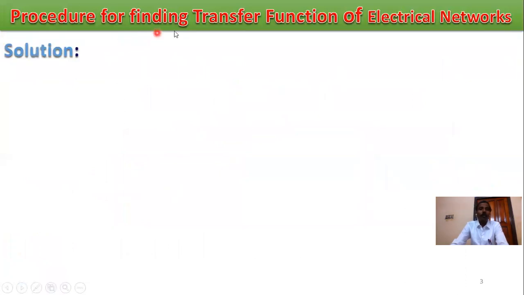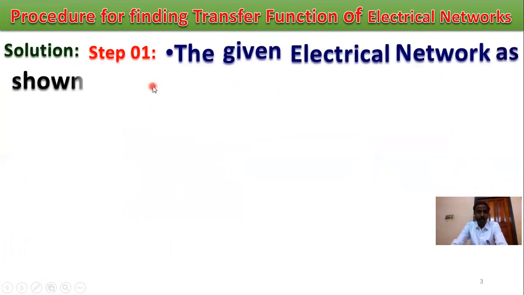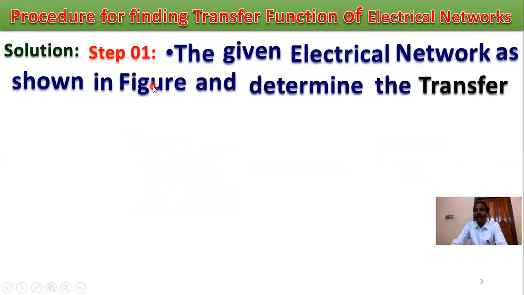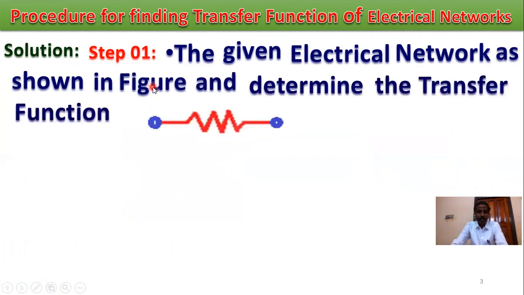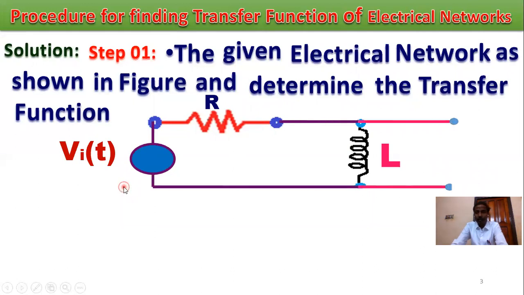Procedure for finding the transfer function of electrical networks. Solution. Step 1: the given electrical network is shown in the figure, and we determine the transfer function. This is the given network, with resistance, inductance, and voltage source Vi(t), and the connection diagram where Vo(t) is the output voltage.